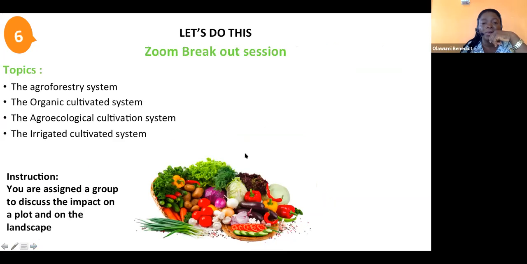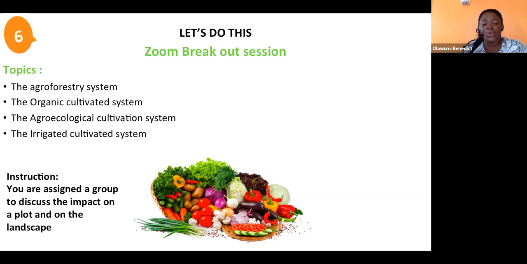Okay, thank you. So we're going to go into a breakout session now. In the breakout session, we are going to look at the agroforestry system, and you're going to look at the impact on the landscape and the impact on the plot level.